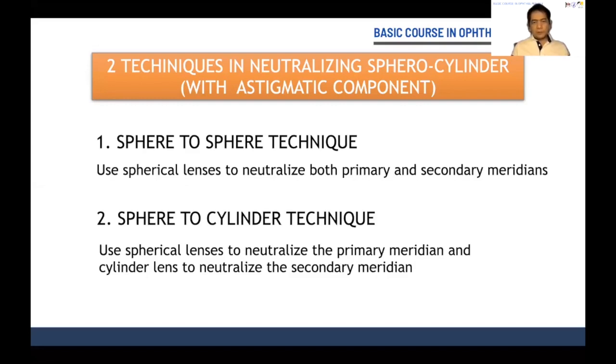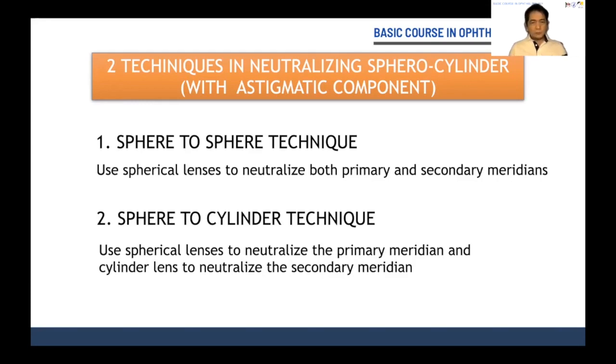However, it will be different if you have an astigmatic component, and you call it a spherocylinder combination. There are two techniques in neutralizing a spherocylinder component. The first one is you can use two spherical lenses, what we call the sphere to sphere technique, using spherical lenses to neutralize both the primary and secondary meridians.